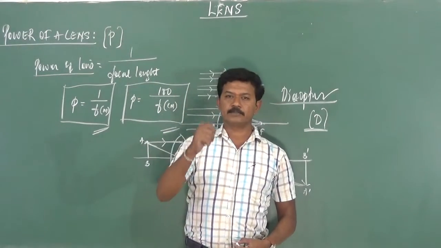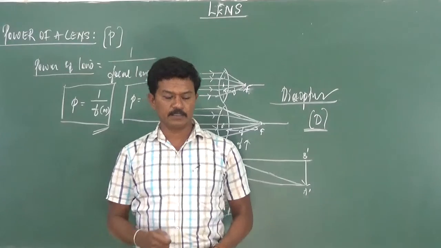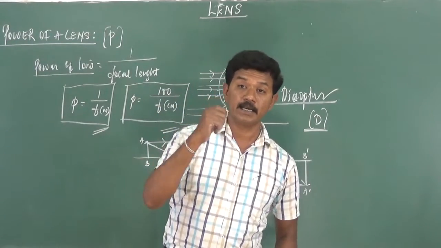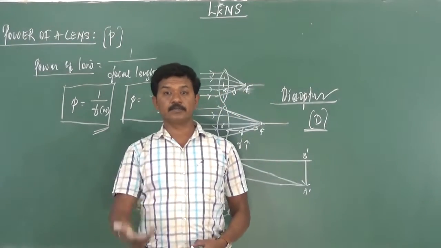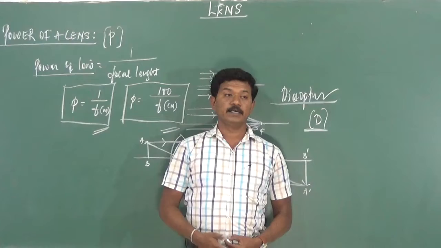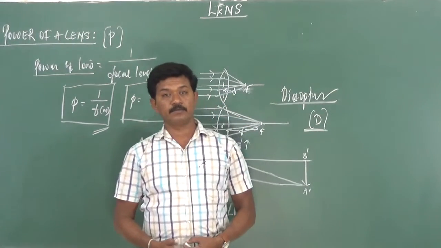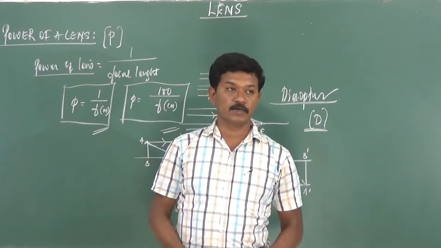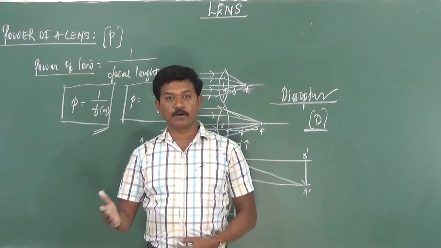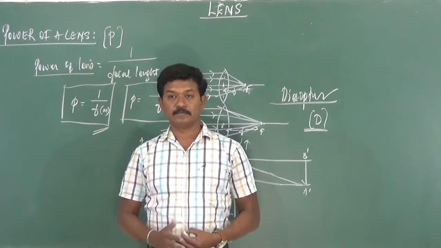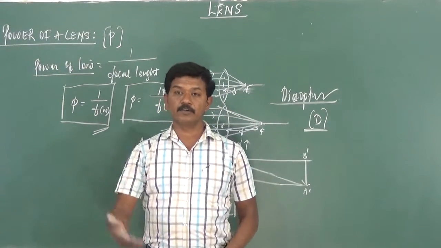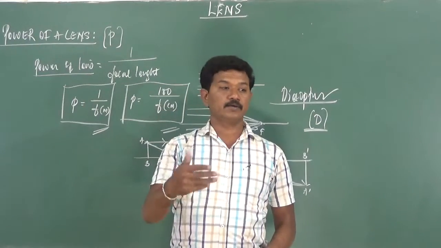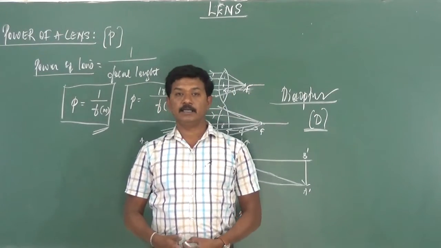They are also used as magnifying glasses, in the sense they are used as reading glasses. Reading glasses are also made up of convex lens. They are also used in treating a defect of the human eye called hypermetropia or long-sightedness. To correct that, they use convex lenses.